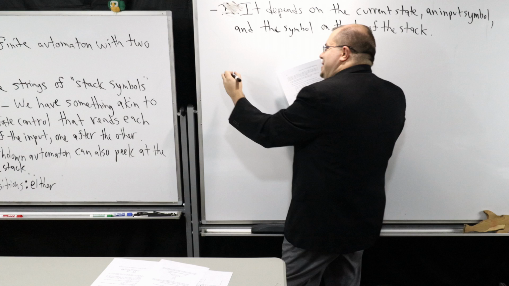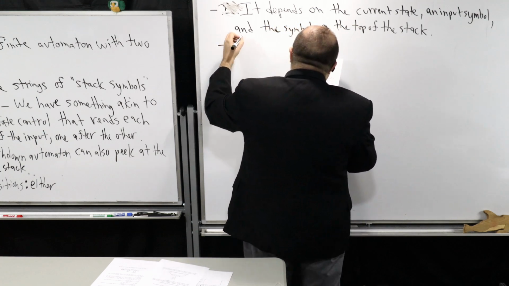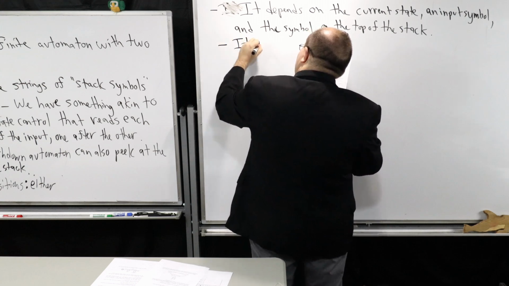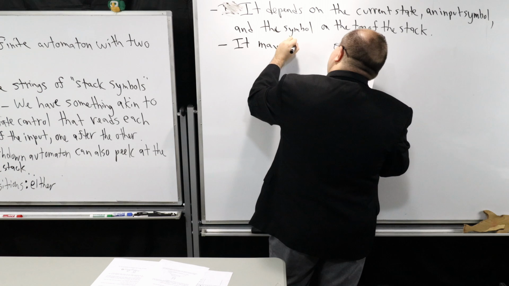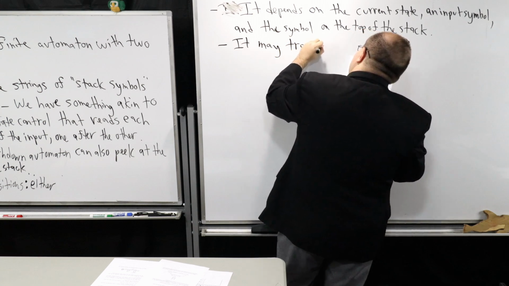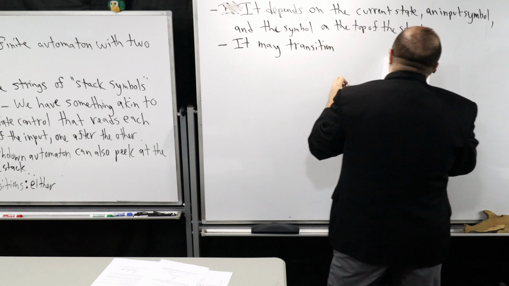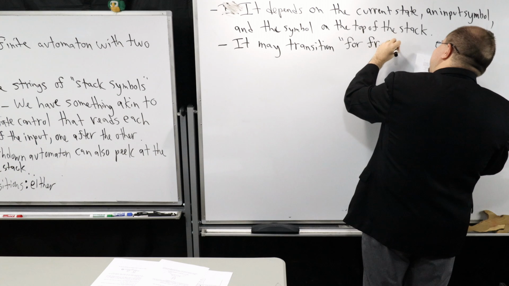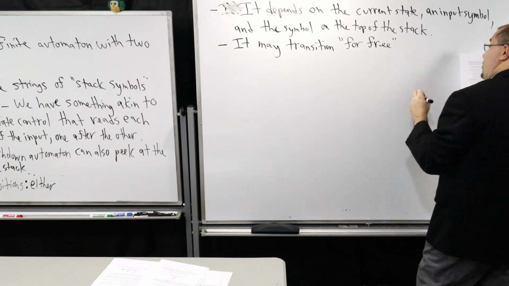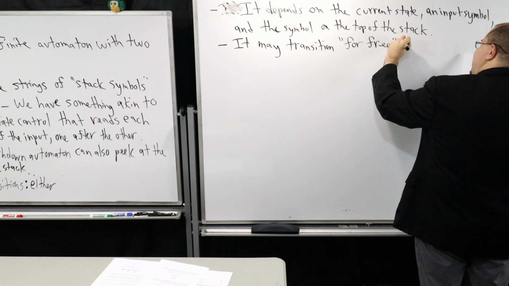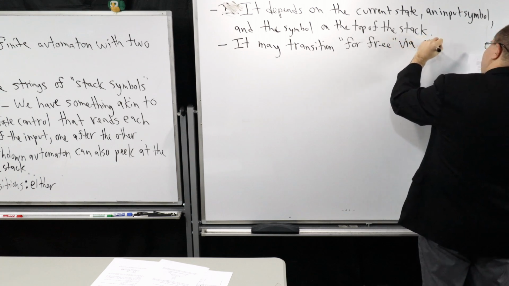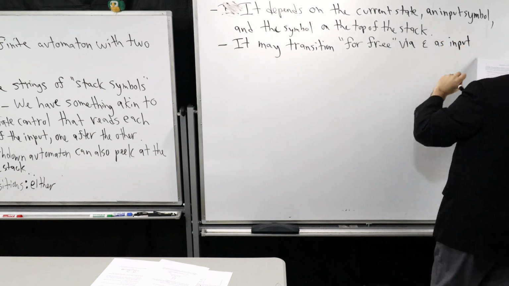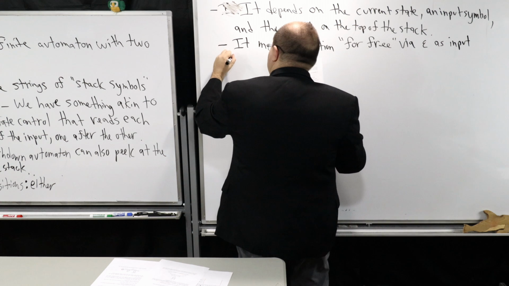Or here's another thing that could happen. It may transition "for free" via epsilon as input instead of an input symbol. I'm putting that in quotation marks because I'm not being formal about this.